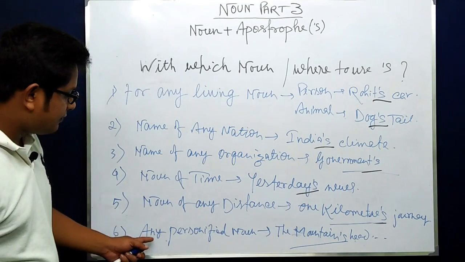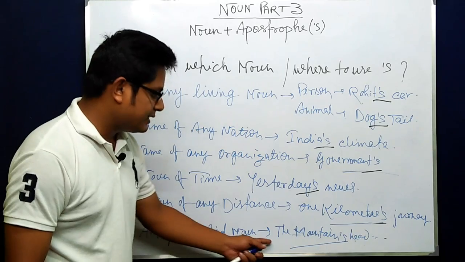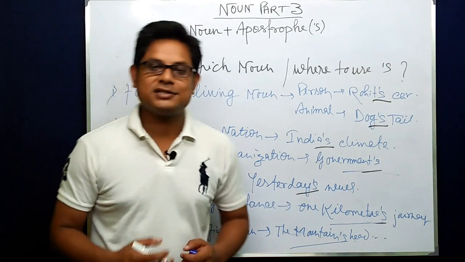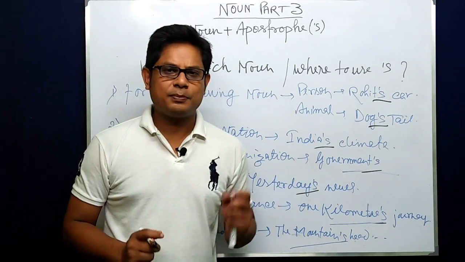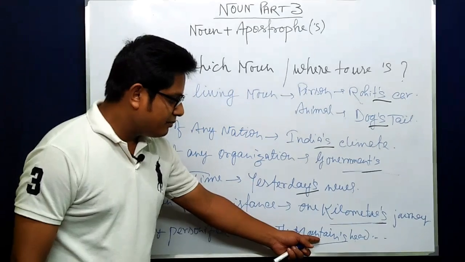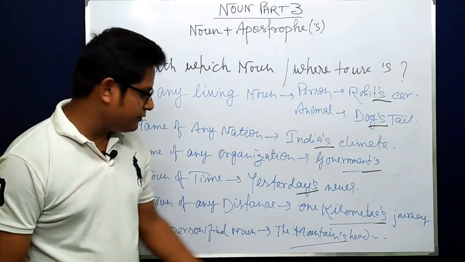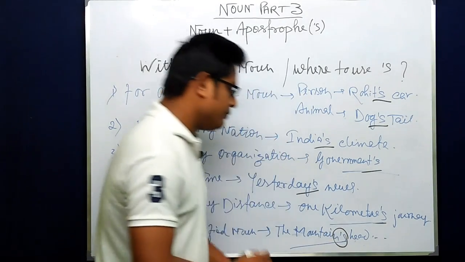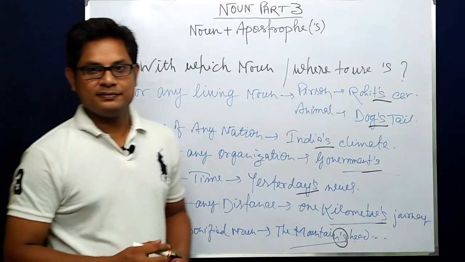And number 6, I have written any personified noun. Means anything that is personified, that is used as a person. So you can use apostrophe s with that particular noun. I have used mountain. Mountain is used as a personified noun. So over here you can use apostrophe s with mountain, right?